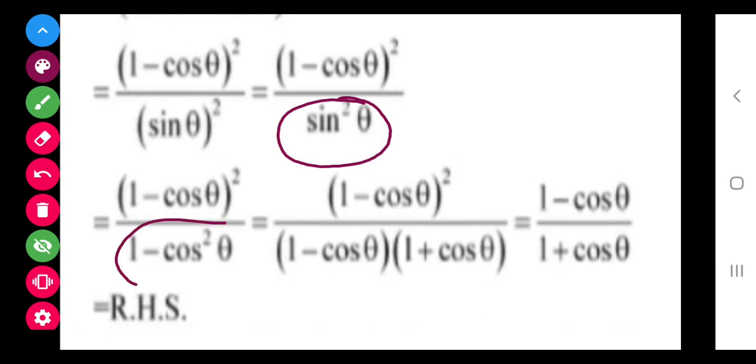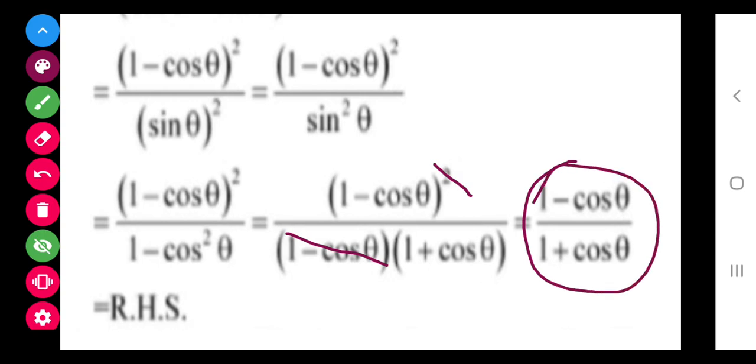Sine square theta can be written as 1 minus cos square theta. After that, 1 minus cos square theta can be written as (1 minus cos theta)(1 plus cos theta) using the a square minus b square formula. Now this and this can be cancelled, and finally this is the answer.